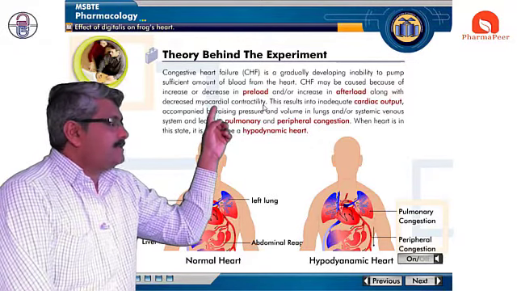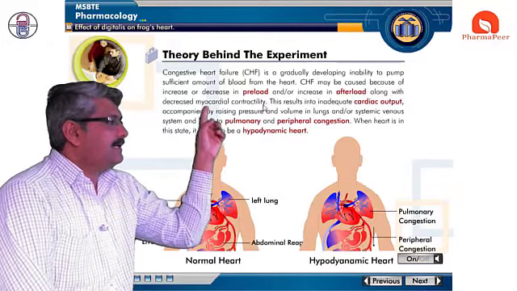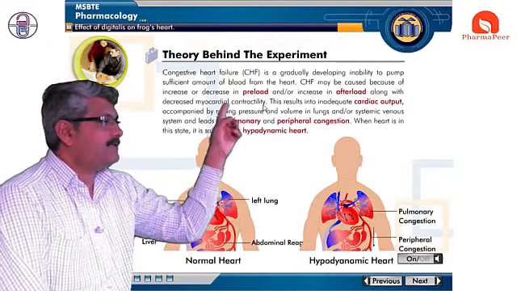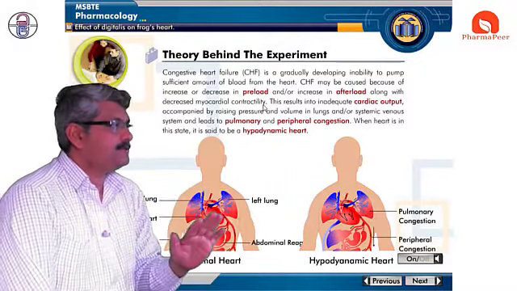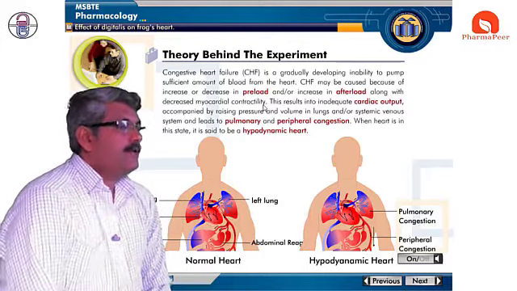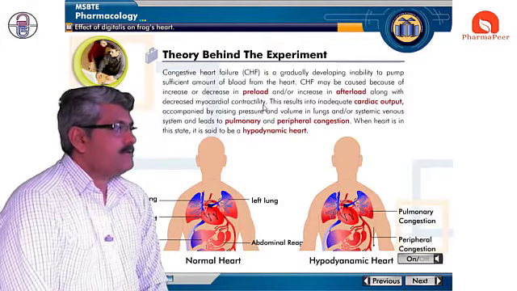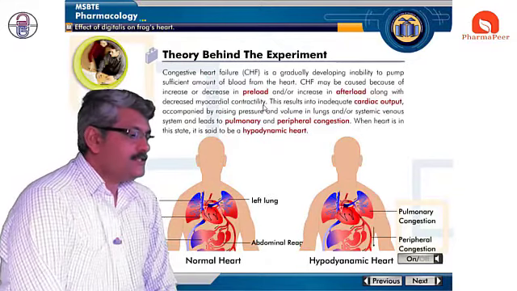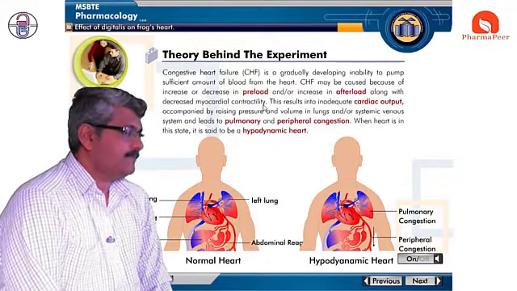So the contracting ability of the cardiac muscle is reduced. By the combination of these three, the patient suffers from congestive heart failure.